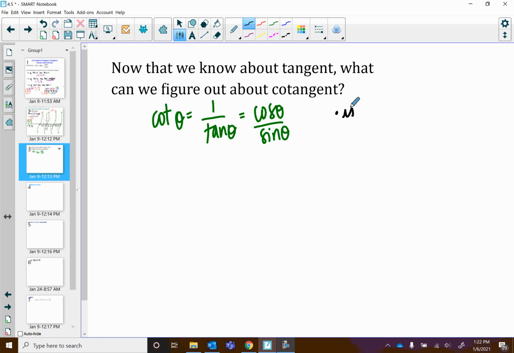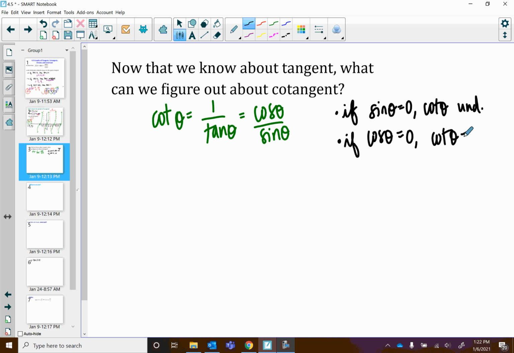If sine is 0 in this case, then cotangent will be undefined. If cosine here is 0, then cotangent will be equal to 0.